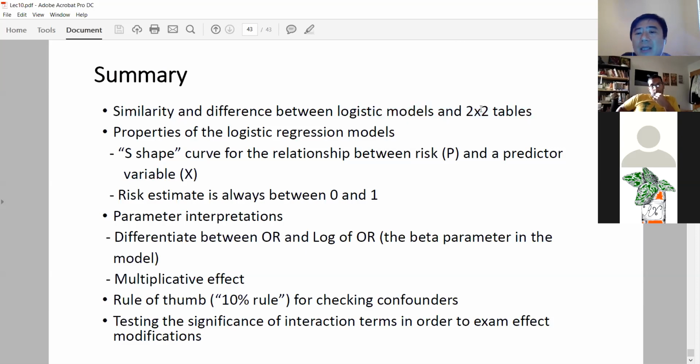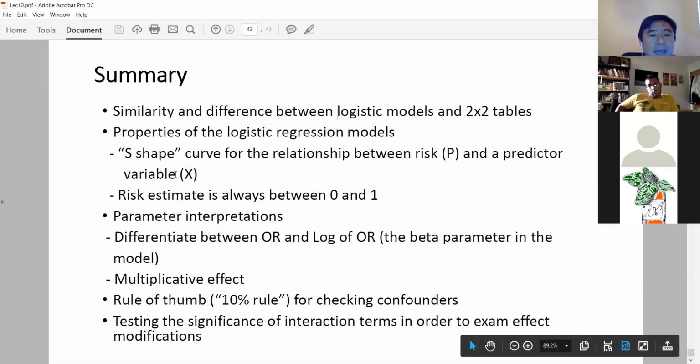The reason is the 2x2 table can only do unadjusted ones, because you won't be able to consider other factors in that simple 2x2 table. It can only do the marginal ones without adjustment for covariates. So the odds ratio calculated from the 2x2 table is equal to the exponent of the beta 1 parameter from the simple logistic regression model with the exposure variable as the only predictor.